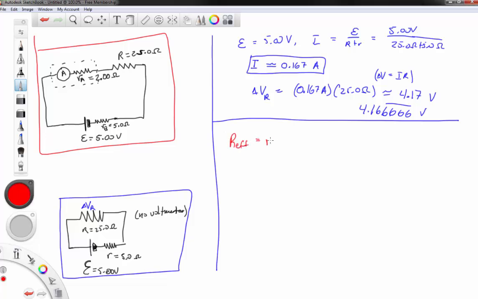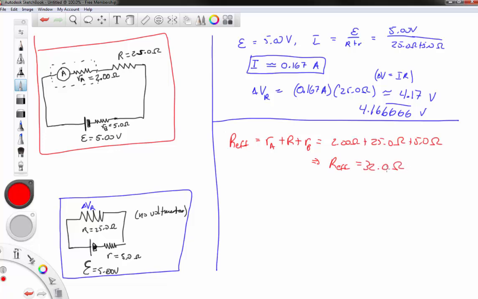So R effective basically becomes resistance of the ammeter plus load resistance plus resistance of the battery. And so that is going to be 2.00 ohms plus 25.0 ohms plus 5.0 ohms, which gives us 32 ohms of effective resistance.